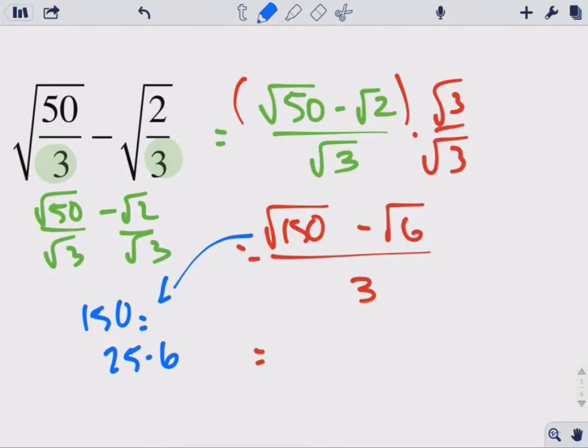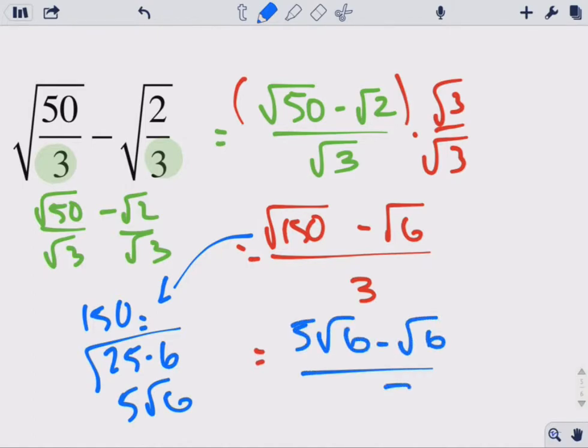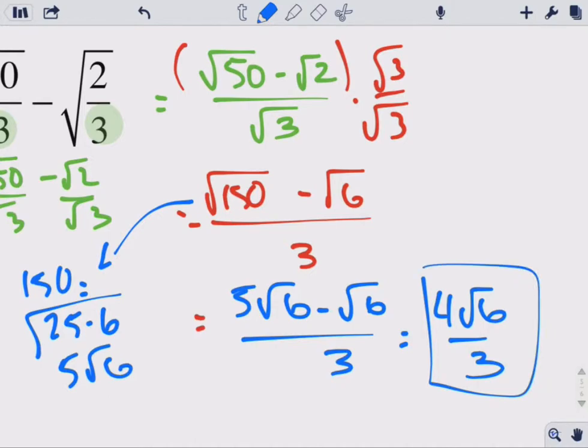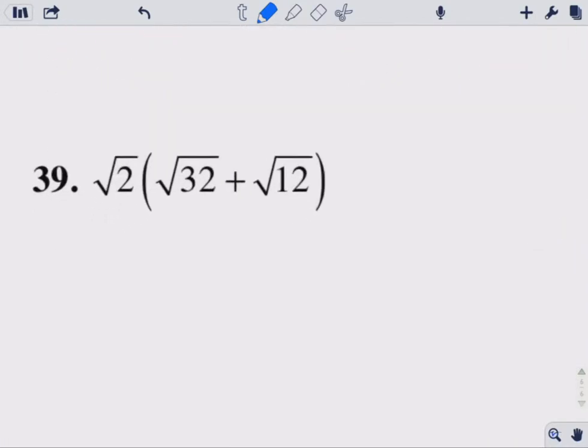Okay, and the square root of 25 is 5 root 6. So I have 5 root 6 minus root 6 over 3. Well, if I have 5 minus the unwritten 1, okay, 5 minus 1 root 6 gives me 4 root 6 over 3. 5 minus 1 is 4, root 6 over 3 cannot simplify.